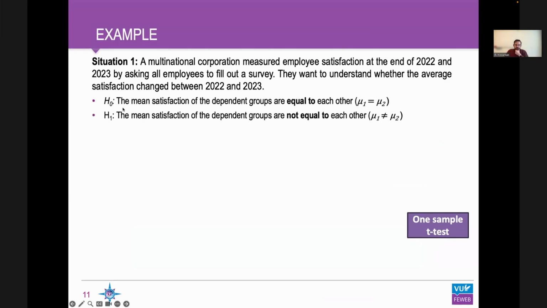Then our null hypothesis is that the mean satisfaction of the dependent groups are equal to each other. In this case, dependent groups means the employees. The mean satisfaction of the dependent groups not being equal to each other is the alternative hypothesis.